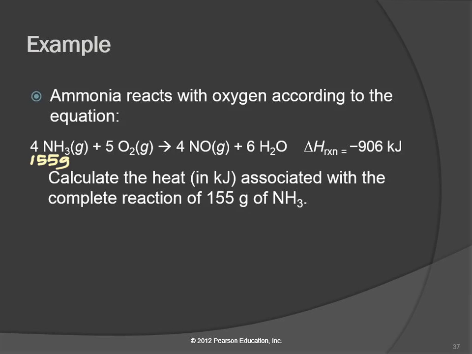So I'm going to write the path out here. Grams of ammonia, and I need to convert to moles of ammonia. Because this number here, 906 kilojoules, that is the amount of energy from 4 moles of ammonia that's released.